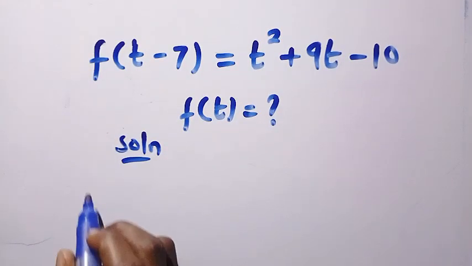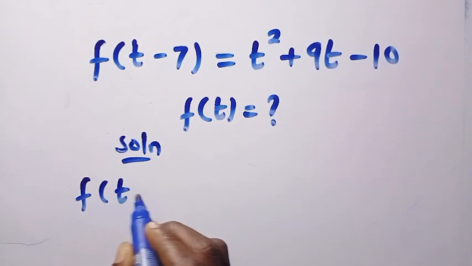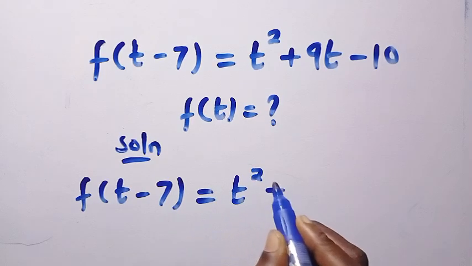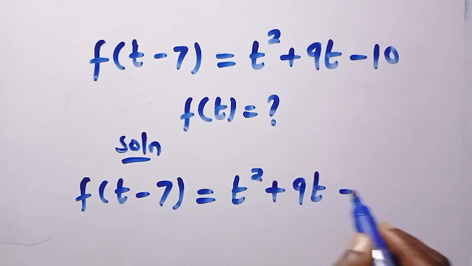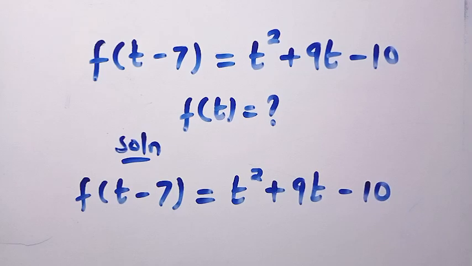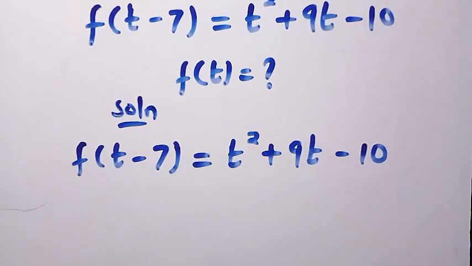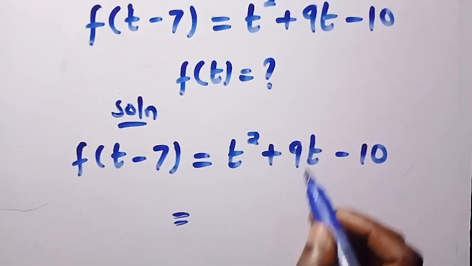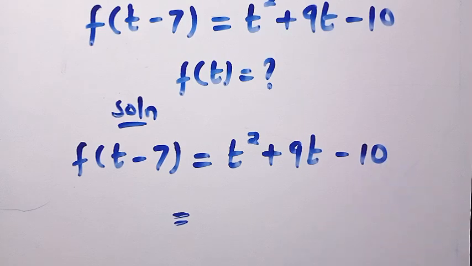The question says f of t minus 7 equals t squared plus 9t minus 10. So if you try and manipulate this right hand side, which is t squared plus 9t minus 10, we can see that here is the sum and here is the product.